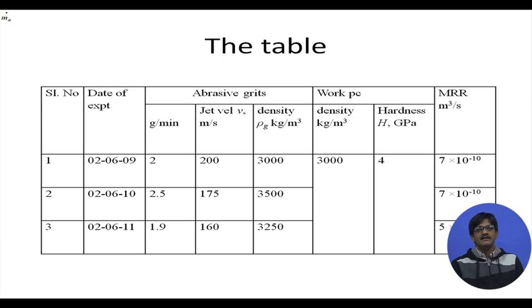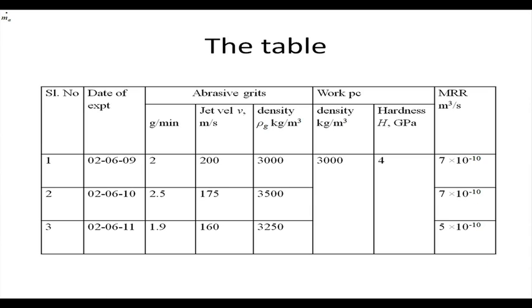Abrasive grits have been used up at the rate of 2 grams per minute in the first case, 2.5 grams per minute, and 1.9 grams per minute. You might say, why is there this discrepancy? Why don't we have 2 grams per minute flat?